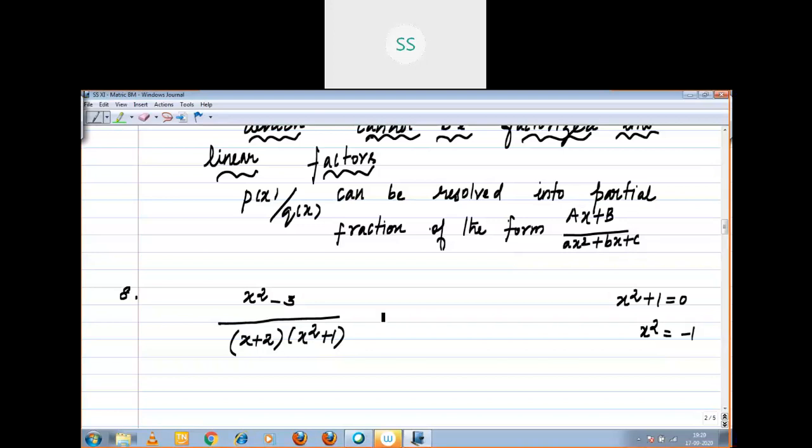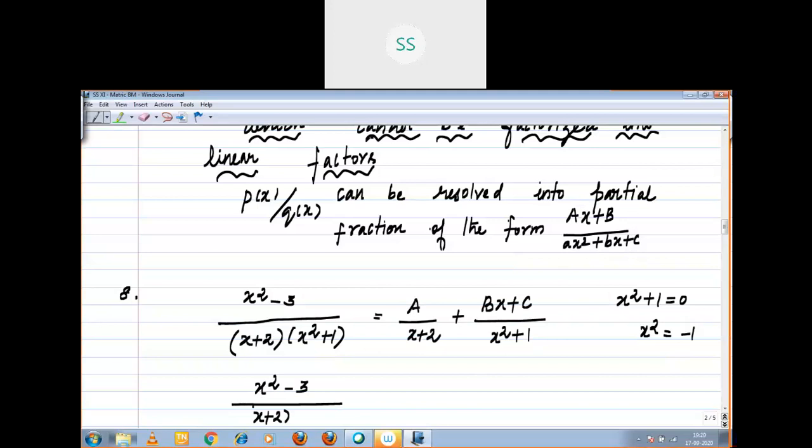Now you see how I am going to convert into the format. The first one is factorized, you have no issue. So a by x plus 2 plus bx plus c divided by x square plus 1. Got it, children? Now the same procedure as in the previous.